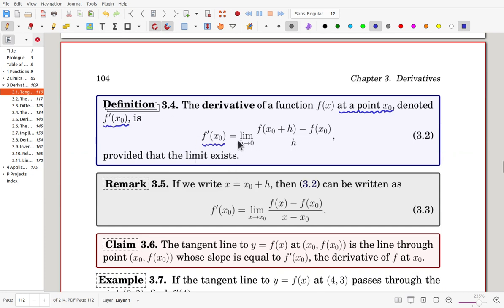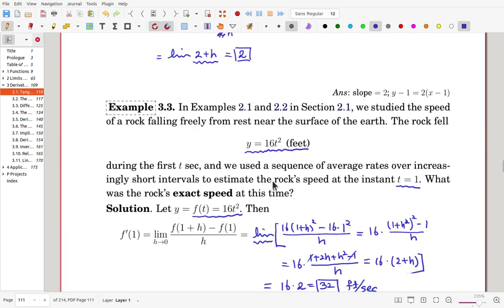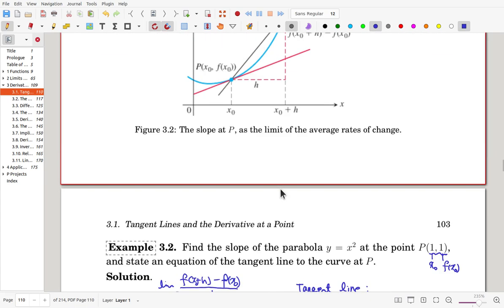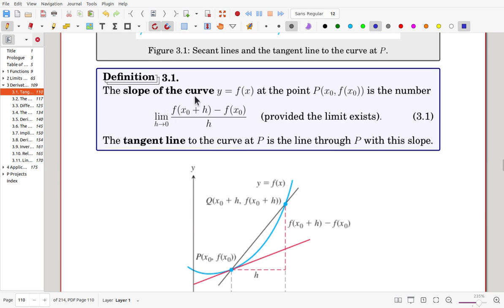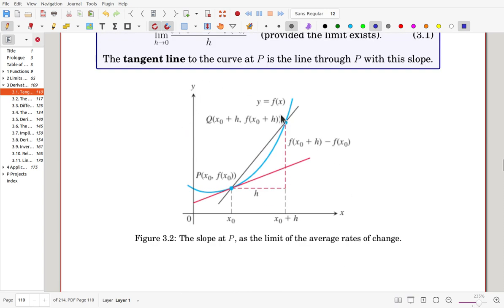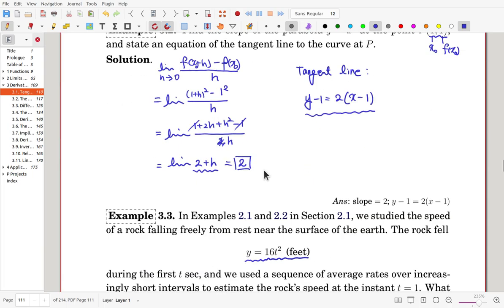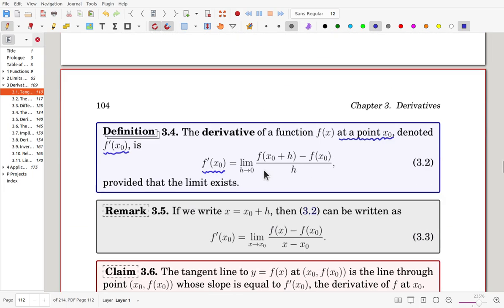But this quotient and limit were used earlier as the slope of the tangent line, and also the slope of the curve. Exactly the same quantity is used in various computations and concepts, and we now call it the derivative.